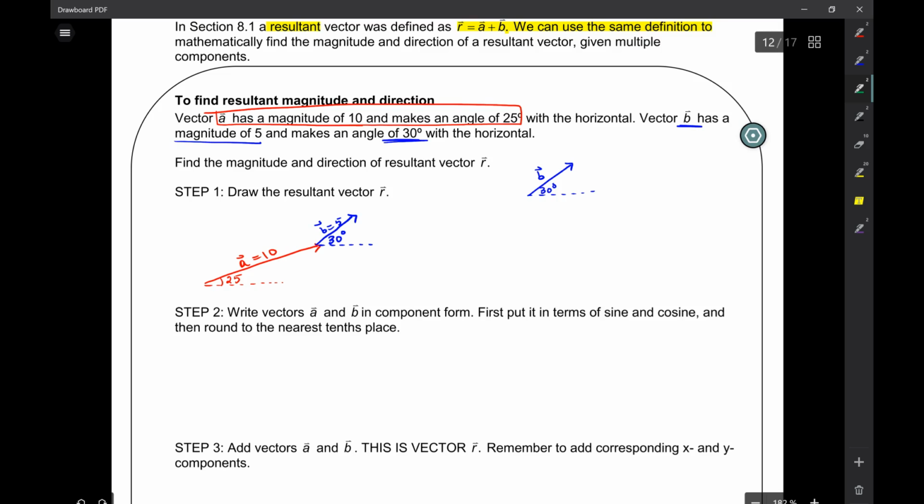Now, how is the resultant going to look? It's going to go from where to where? From the beginning of the red to the end of the blue, right? So the resultant is going to go that way. So that's what I mean when I say draw the resultant.